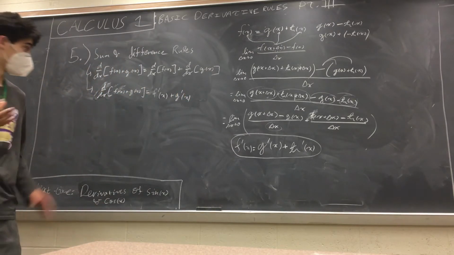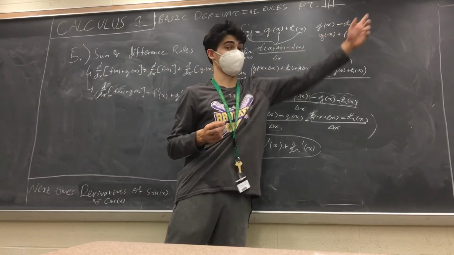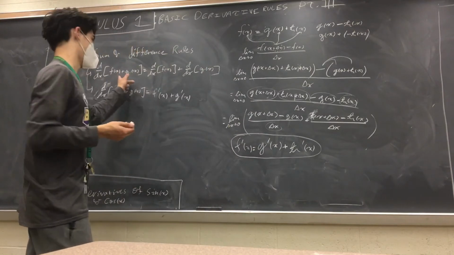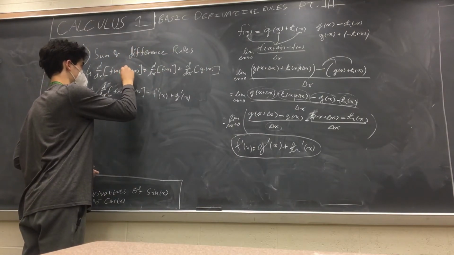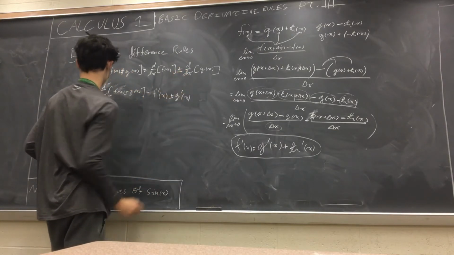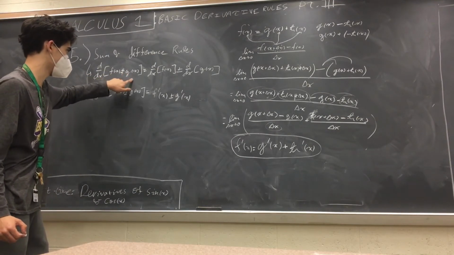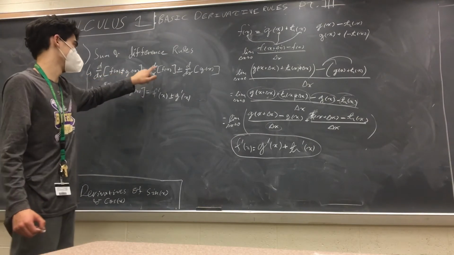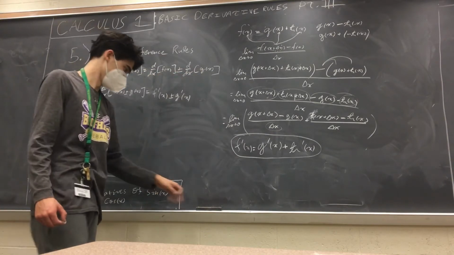And we said that this works for g of x minus h of x as well, or f of x minus g of x as well. So we can take this and make it plus or minus. So this is the rule. The derivative of f of x plus or minus g of x is equal to the derivative of f of x plus or minus the derivative of g of x.